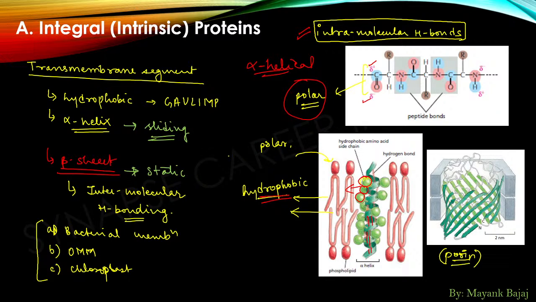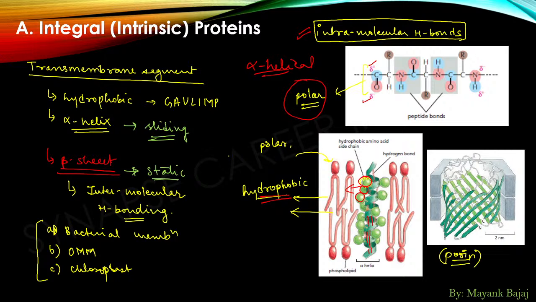That conformational change is very useful for the transport of solutes, activation of receptors like GPCRs we have, channel proteins we have, sodium channel, potassium channel stuff, right? However, in beta sheets, they are kind of static in nature. They do not slide with each other because of the intermolecular hydrogen bonding.